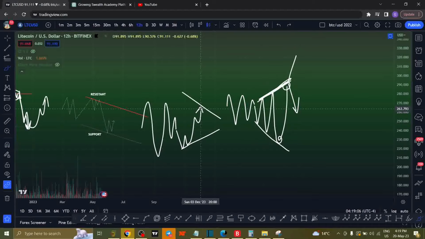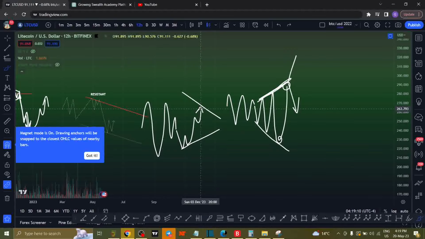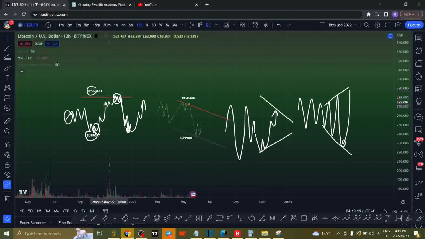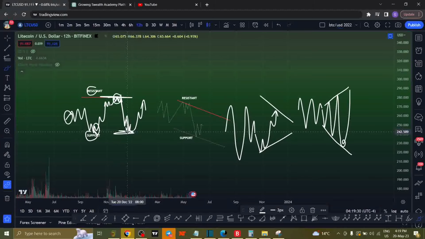Now here's something very, very important that I want to mention. This is something that I didn't mention earlier on, just so I don't confuse you. From previous examples, we mentioned that a resistance will always act as a barrier, and a support level will always act as a support. Now here's the thing, guys.